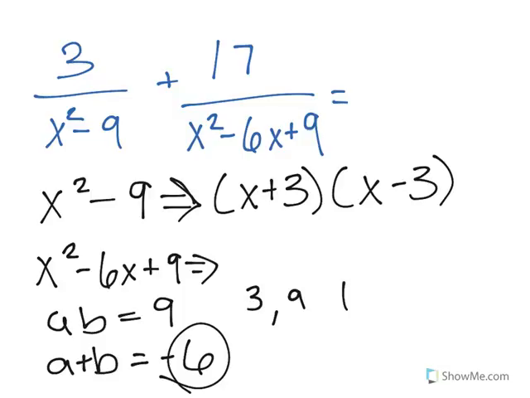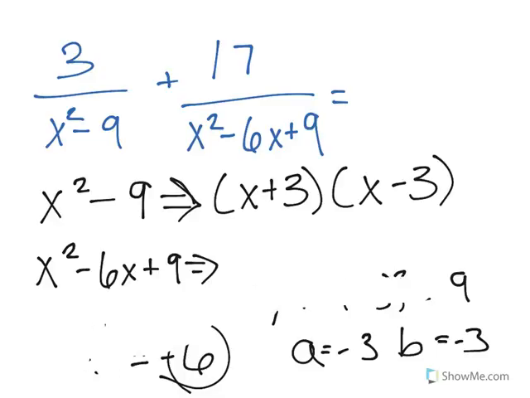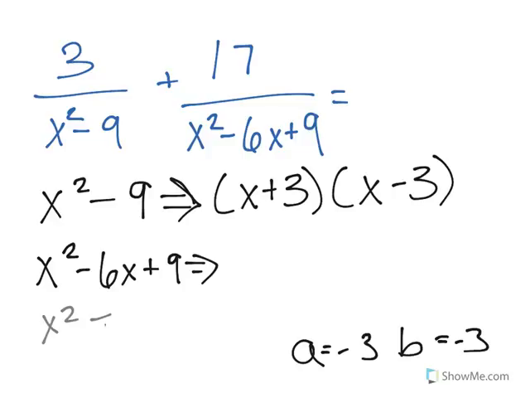But we know that negative 3 times negative 3 is 9 also. So we just found that a is negative 3 and b is also negative 3. And now we will just expand this, and we have x squared minus 3x minus 3x plus 9.